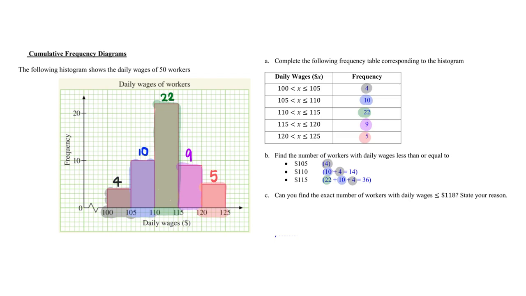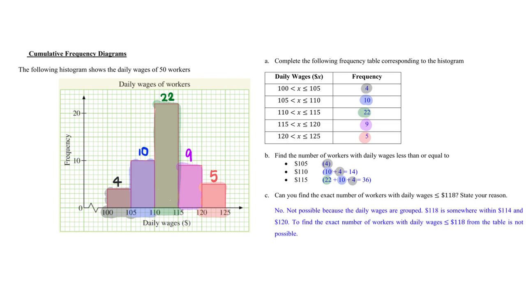The next question though: can you find the exact number of workers with daily wage less than or equal to 118? Well, not exactly, because they only give me that there are 9 workers with wages more than $115 but less than or equal to $120.